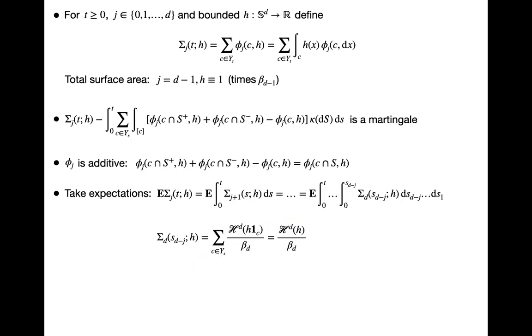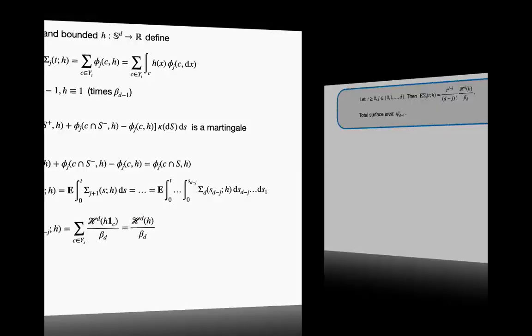And now you can forget about this expectation here, and you can plug in what we computed. And then you can evaluate this remaining time integral. And what you arrive at is the following. The expectation of our sigma j functional is proportional to the time our construction is running. So it's time to the power d minus j, times some normalization, times some factor that depends on our function h.